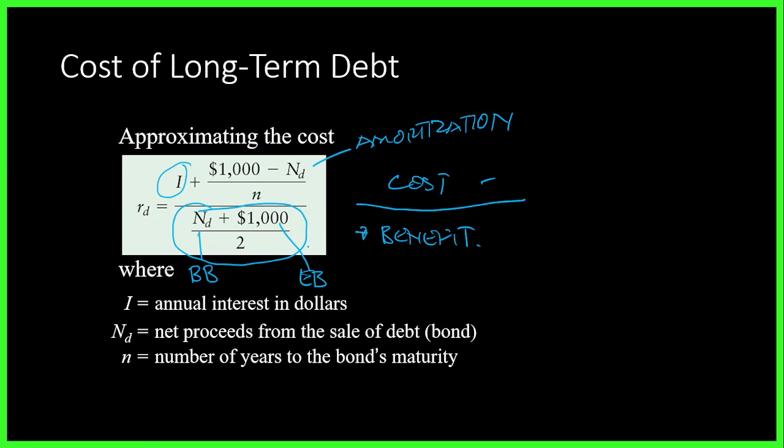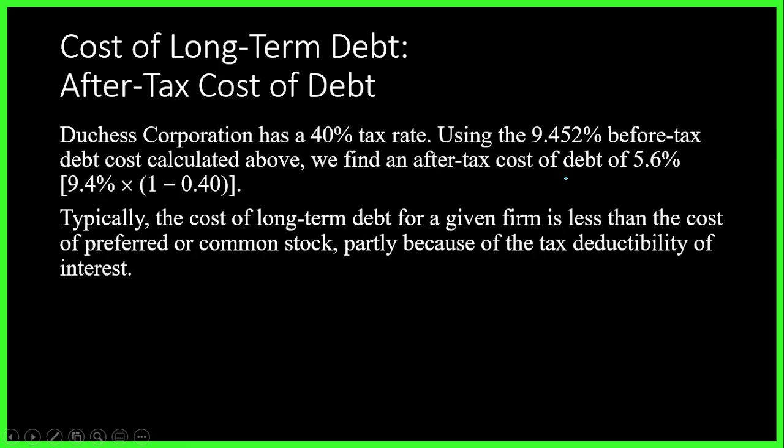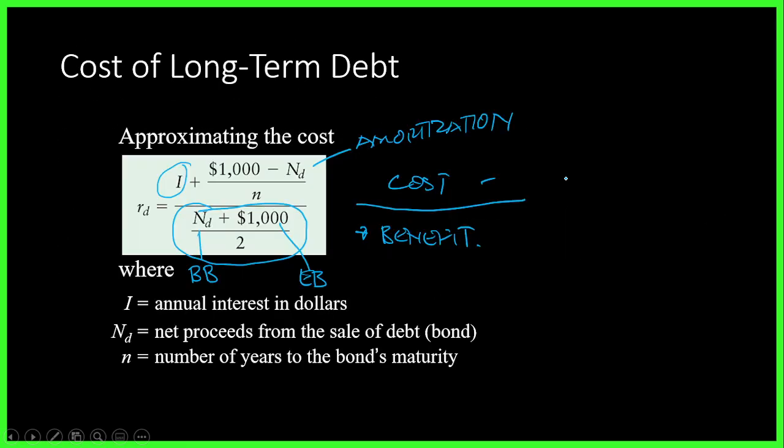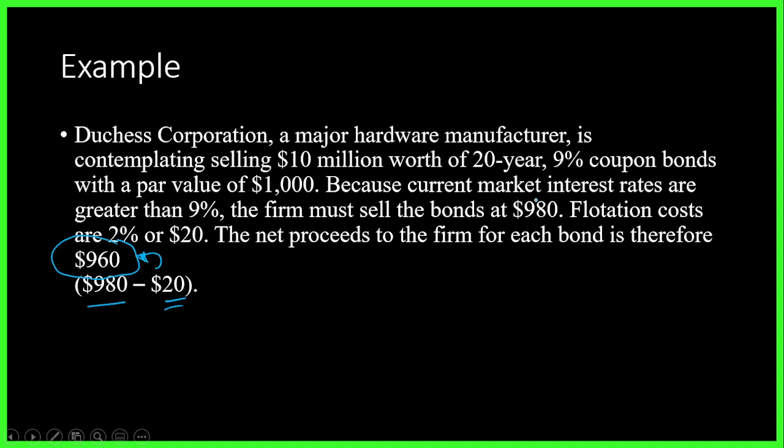Okay, so by applying that, how much is our interest? Going back to our previous slide, the interest is 90. How did we arrive at 90? That is 9% times 1,000.